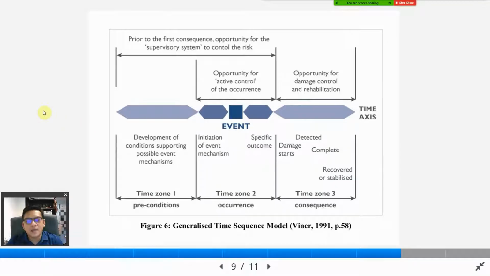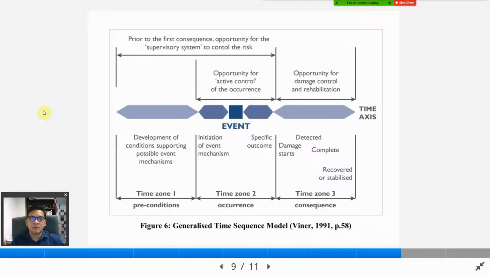Okay, the Generalized Time Sequence Model, also by the same author, Weiner, in 1991. This model solves the problem of the previous model that does not explain accident in a time sequence.